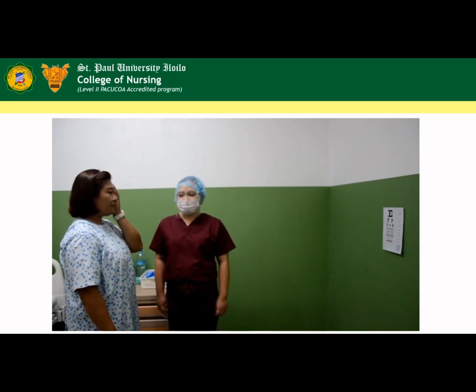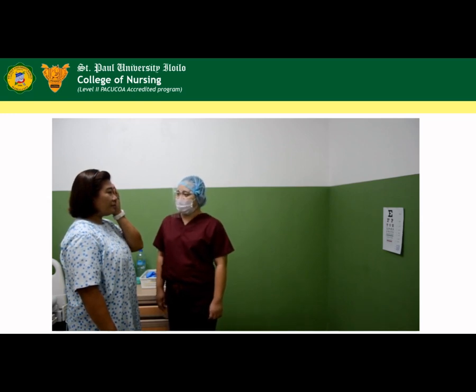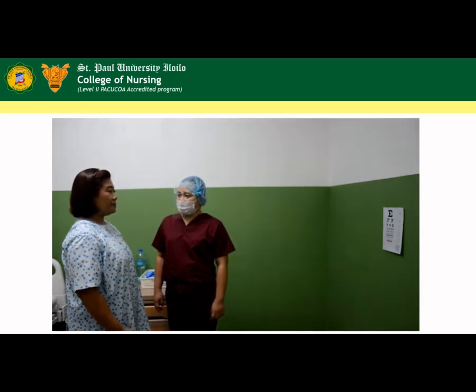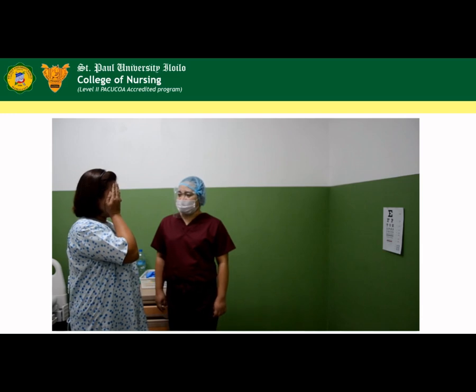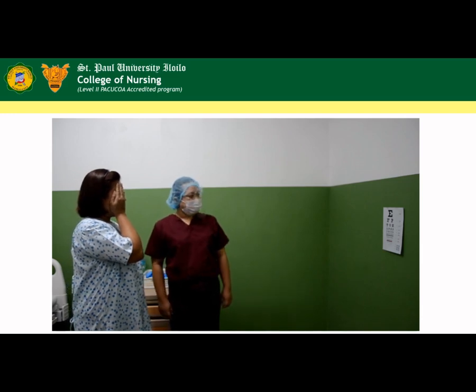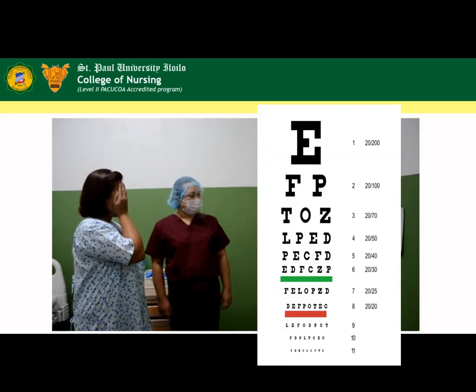Do these steps first on the right eye, then left eye, then both eyes. That's good. Now, we will proceed with your other eye, okay? So I want you to cover your right eye and do the same process. It's in number 8.